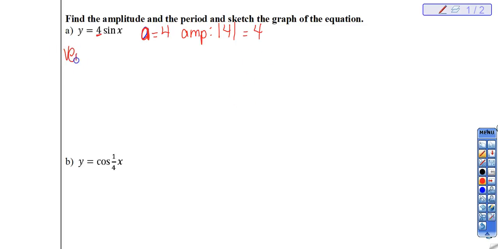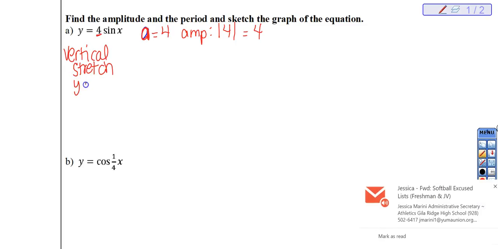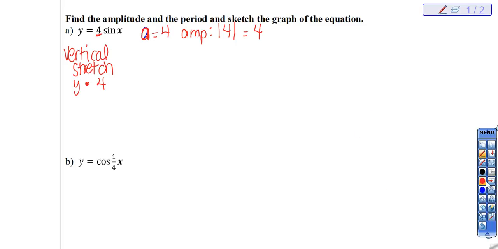So let's write this down. This is a vertical stretch. The amplitude is a vertical stretch of your y coordinate times 4. Okay. So a little description of what we're going to be doing to our sine function here. Let's also identify our b, because we not only have to find the amplitude but the period.